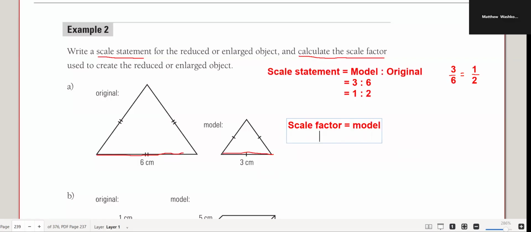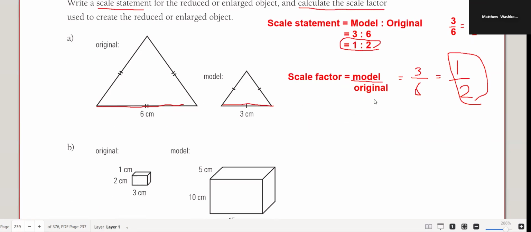Always equal to the model divided by the original. Now my model in this case is 3. My original in this case is 6. Turns into 1 over 2 in this case. Now in this case, they're the same number. That can happen. That's fine.